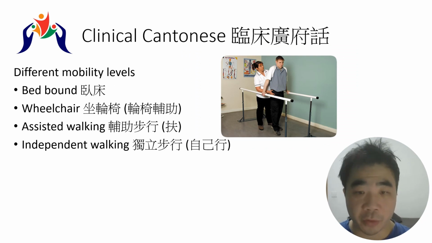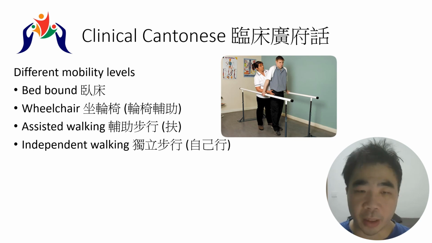How about the prognosis and the outcome after stroke? Usually we describe in different mobility levels. We have 7 categories, but I simplify into 4 categories here, then easier to understand. The worst one is that the patient is unable to have active mobility. We say bed bound.